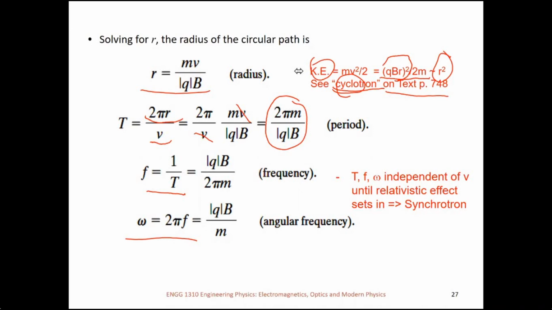But that is only valid for classical mechanics. If you are going at a very high speed, that could be possible: the acceleration of the charged particle in the cyclotron could reach several percent of c, the speed of light.